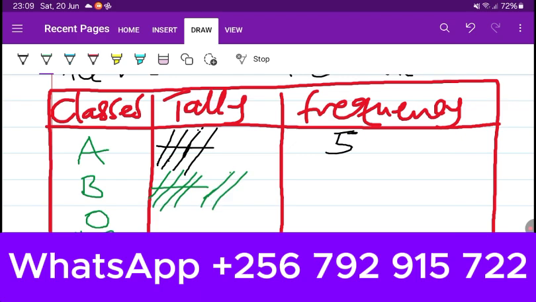These are 2, these are 5, those are 7. You put a 7. Then you go to blood group O. Blood group O, there were 9. So you can also cross. You put the tallies 1, 2, 3, 4, 5, 6, 7, 8, 9, because there were 9. Then AB, for the last one, there were only 4. There were only 4 in blood group AB. 1, 2, 3, 4. You put a 4.